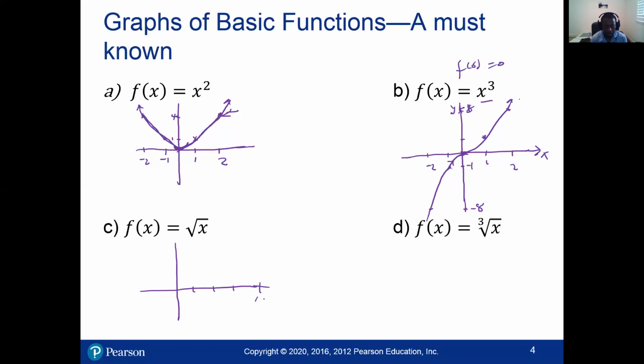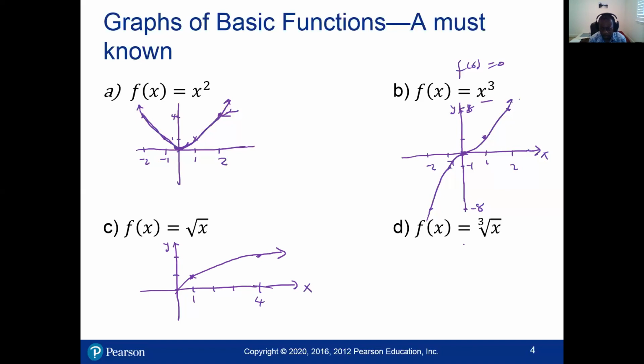If we have 4 and then 1, the square root of 1 is 1, so that gives you this point. And then the square root of 4 is 2, so that gives me that point. If x is 0, the square root of 0 is 0. So the graph starts from here and goes like that. So this is your y, and that's your x.